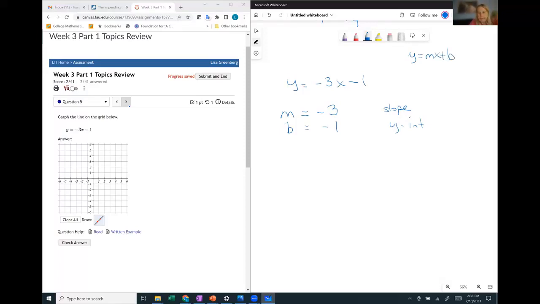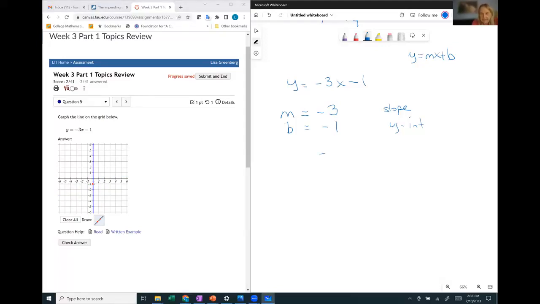All right. So I'm just going to graph it over here because I can graph it without writing it out. And if you don't understand, just let me know. So my y-intercept is -1, which means now my y-intercept is right there, isn't it? And my slope is -3. Now there's two ways I could do it.